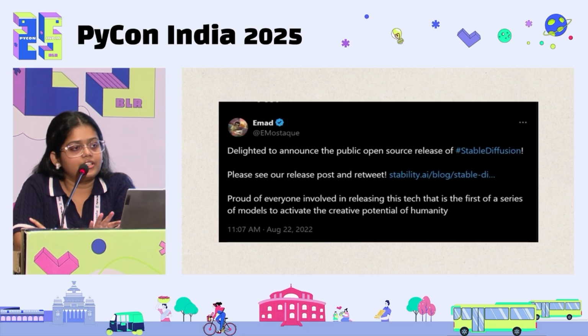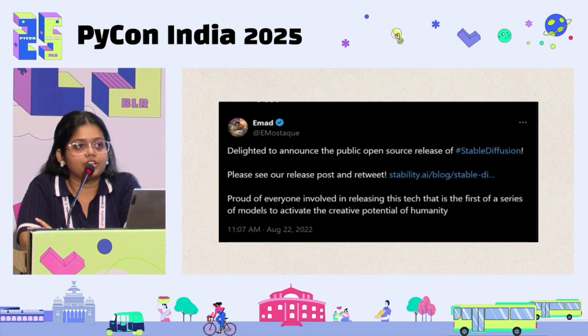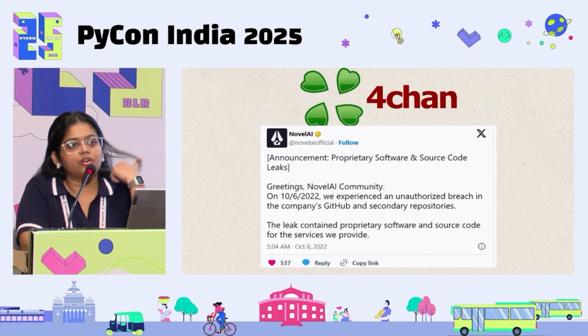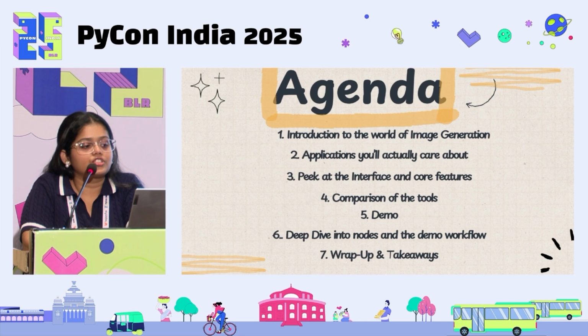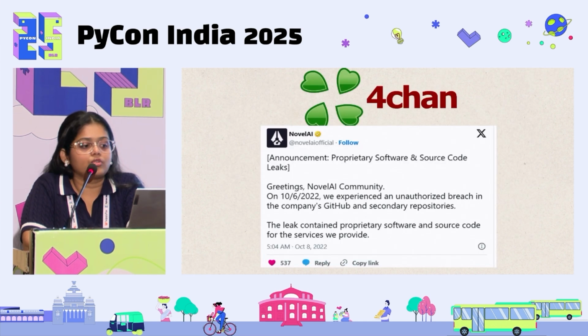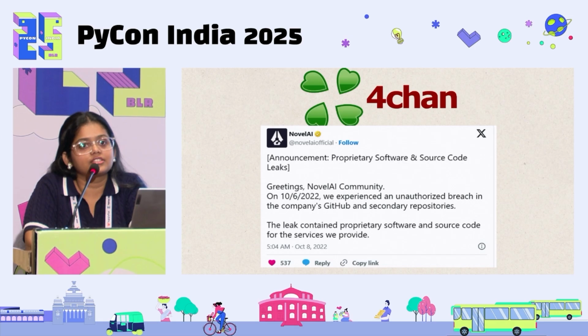Stability did release this model, but around that time, a lot of companies were doing the same thing, and this company on the screen was also developing something, and the weights of the model they were about to release got leaked on 4chan. For the uninitiated, 4chan is like Reddit but on steroids.